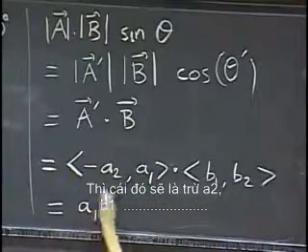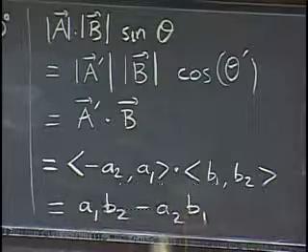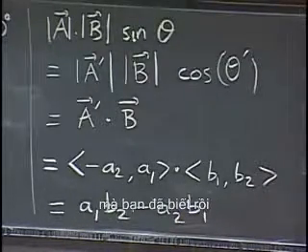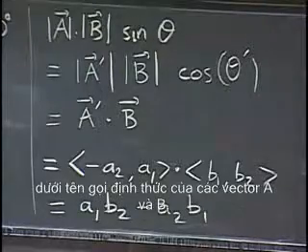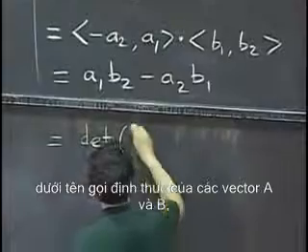Let me write that the other way around. A1 B2 minus A2 B1. And that's a quantity that you may already know under the name of determinant of vectors A and B.